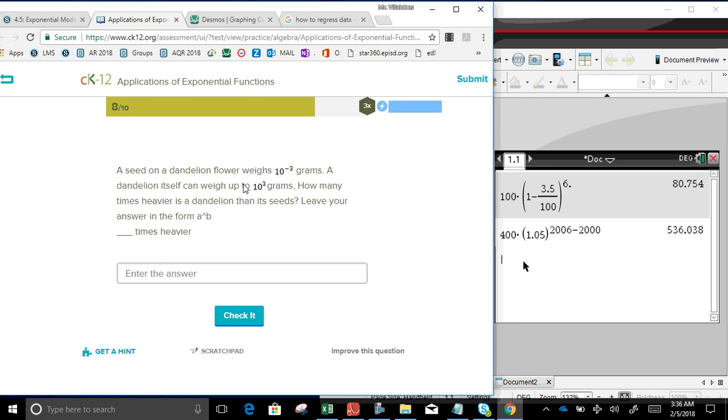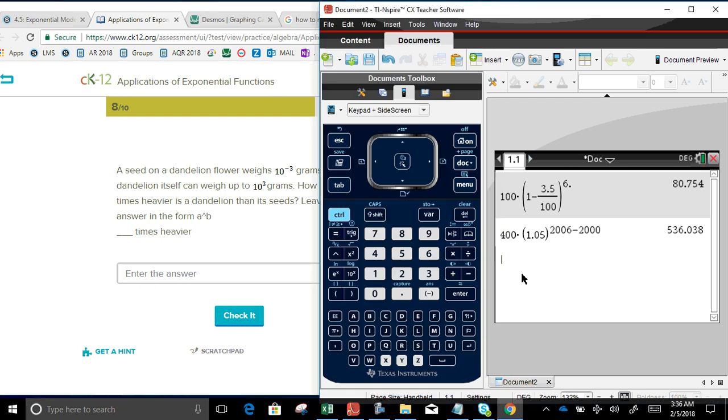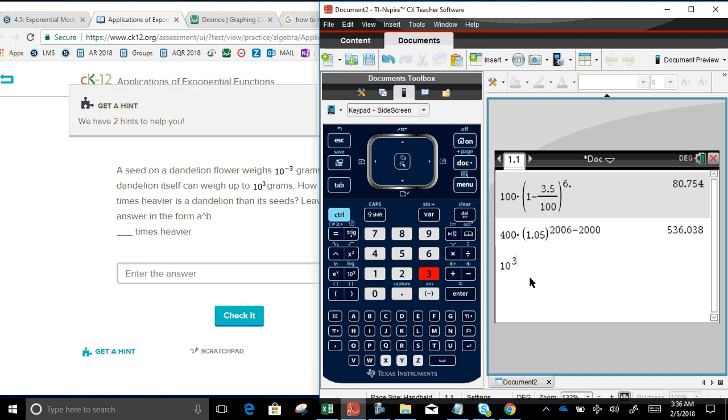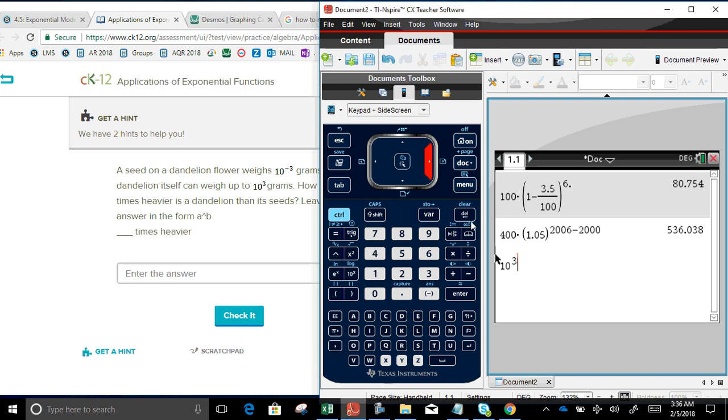a dandelion seed weighs this many grams, 10 to the negative 3, 1,000th of a gram. A dandelion itself can weigh up to 1,000 grams, 10 to the 3. How many times heavier is a dandelion than its seeds? Leave your answer in the form of a to the b times heavier. So that's basically the dandelion, 10 to the power 3, divided by 10 to the power of negative 3.